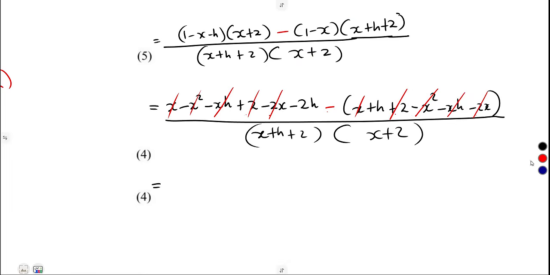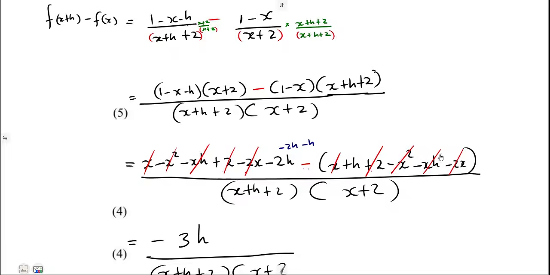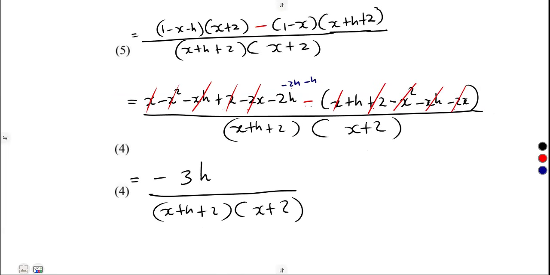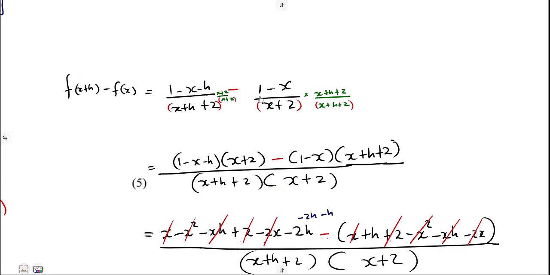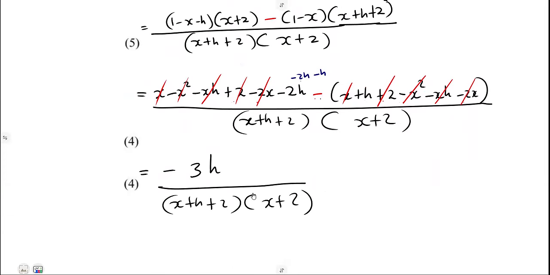So you'll be left with minus 2h minus h, which gives us minus 3h. So that's minus 3h over x plus h plus 2, into x plus 2. That is simply what you're going to have as per our subtraction from these two, if you apply your subtraction properly.